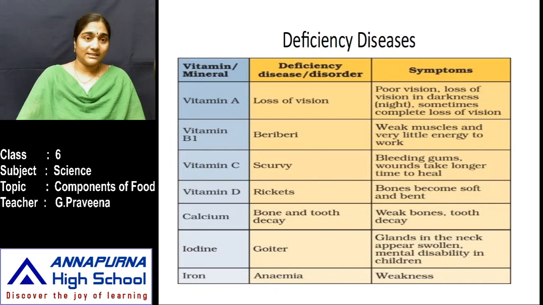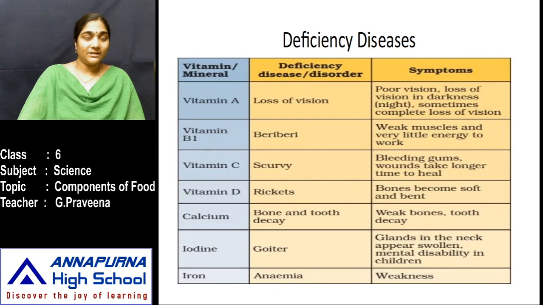Now let us see, if a person is not including vitamin A in his diet properly, the disorder seen in that person is loss of vision. The symptoms seen are poor vision, loss of vision in darkness, and sometimes complete loss of vision.